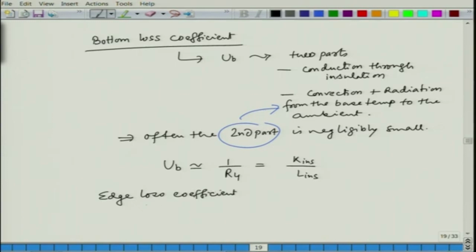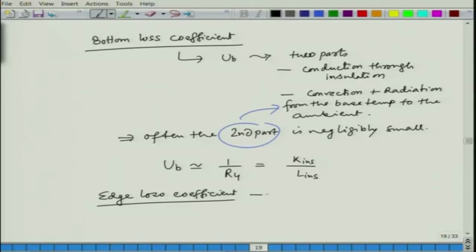When we talked about the different assumptions, we assumed that the edge is contributing a very small amount to the overall loss coefficient, but for any real design we will have a small contribution from the edge, and edge loss coefficient is usually designated as UE. So, UT is the top loss coefficient, UB is the bottom loss coefficient, and UE is the edge loss coefficient.